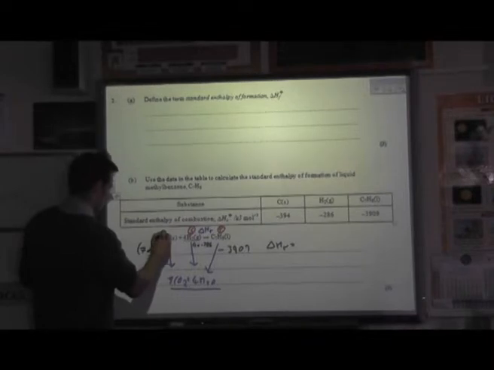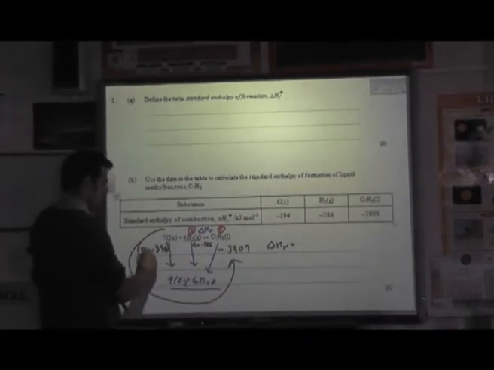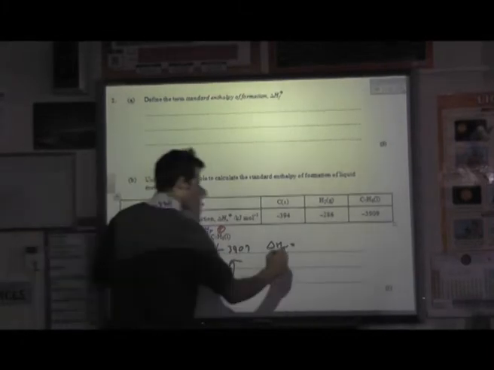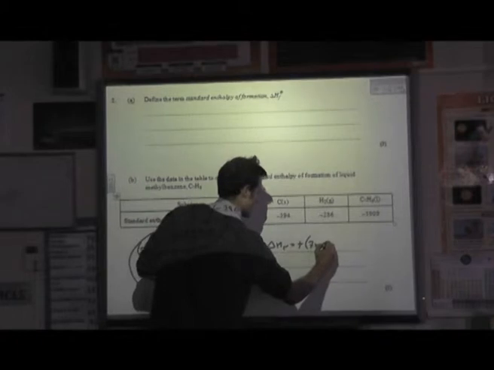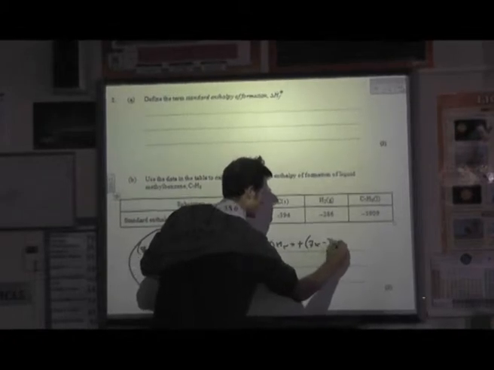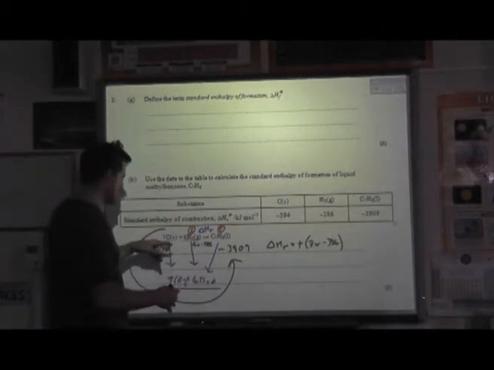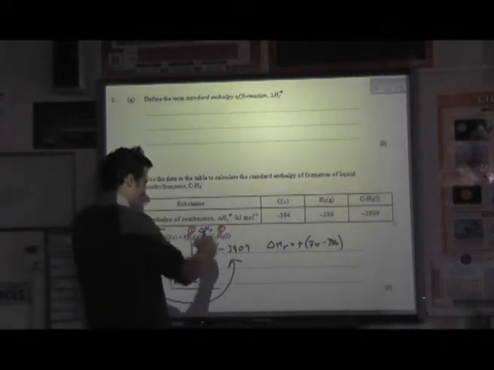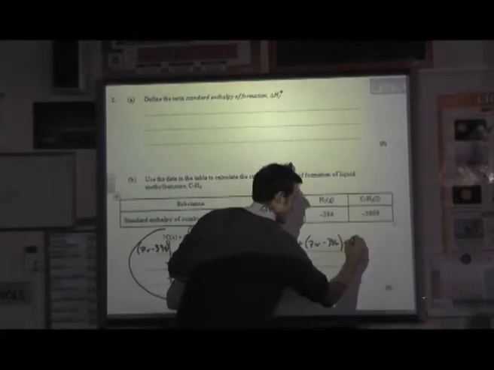So we can go this way around the cycle, with these arrows, so we can use the positive of 7 times minus 394. See how I've written in the positive there and the negatives there, they're going to come out in the calculator when they do it later. Here, the positive, because I'm going with the arrow again, of 4 times minus 286.